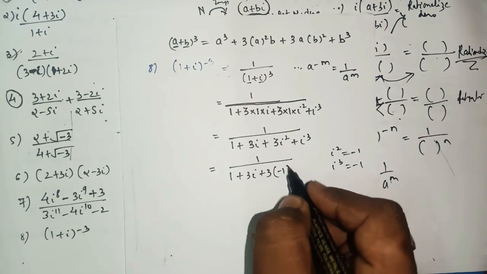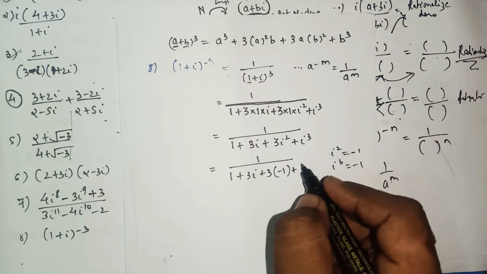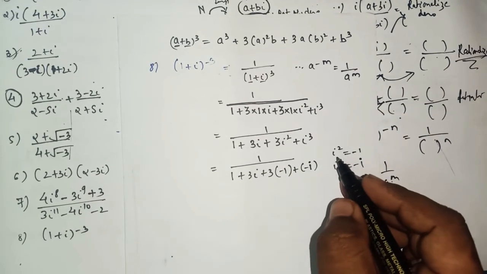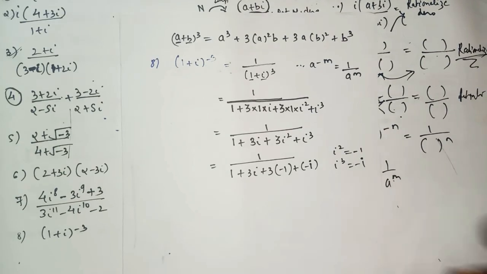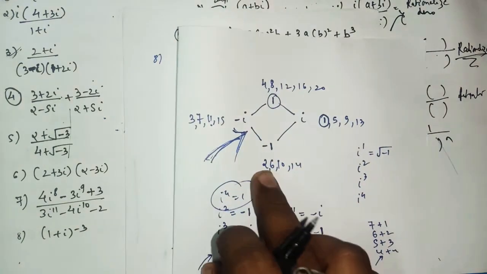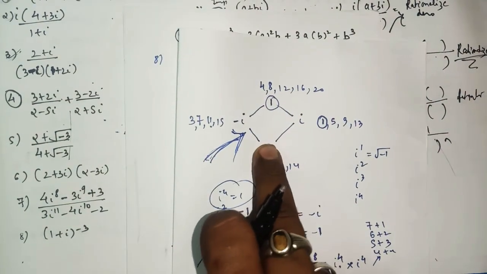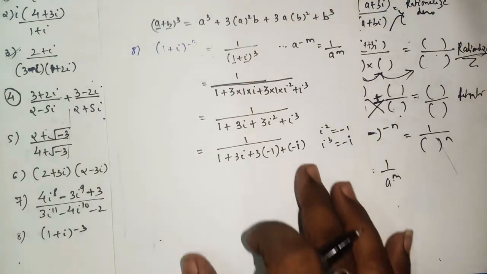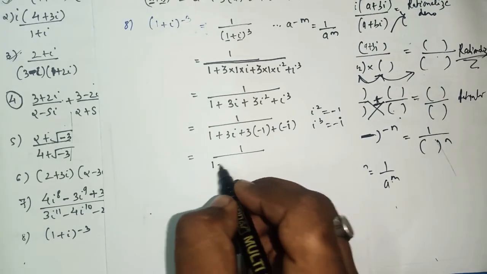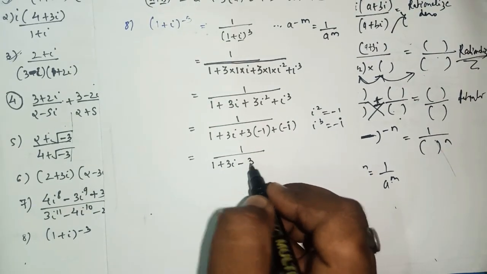In place of i square we can write minus 1, and in place of i cube we can write minus i, because i square is minus 1 and i cube is minus i. Yes or no? From the trick also we come to the conclusion that i square is minus 1 and i cube is minus i. Okay. So now after this, 1 upon 1 plus 3i minus 3 minus i.